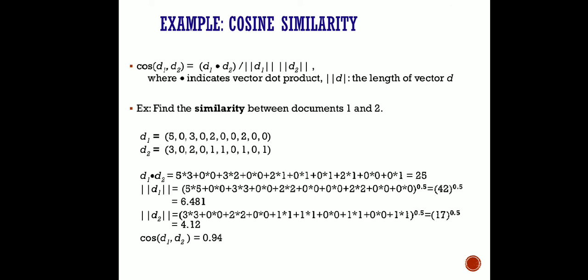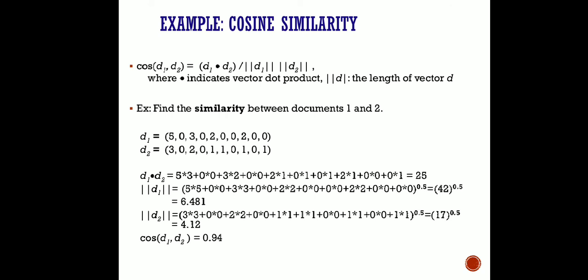Now the length of D1: it is computed as 5 into 5, then 0 into 0, and so on, summed up and raised to the power 0.5.